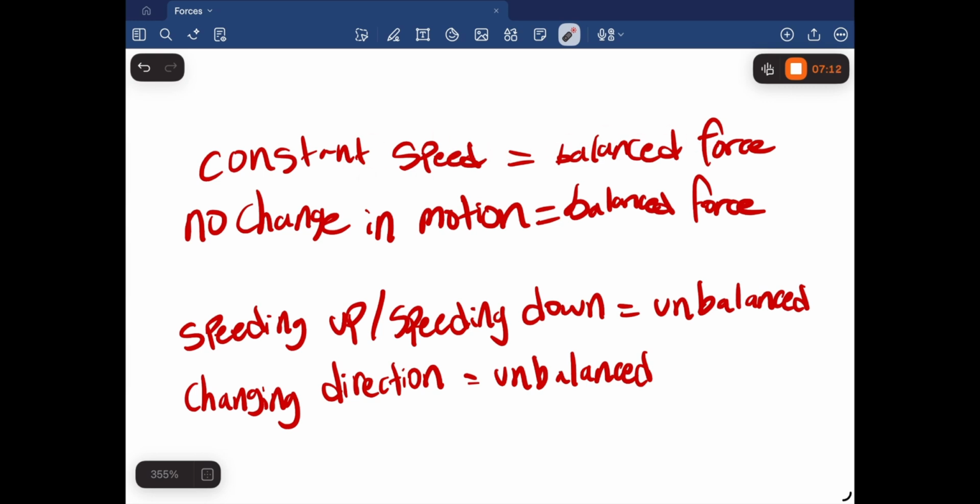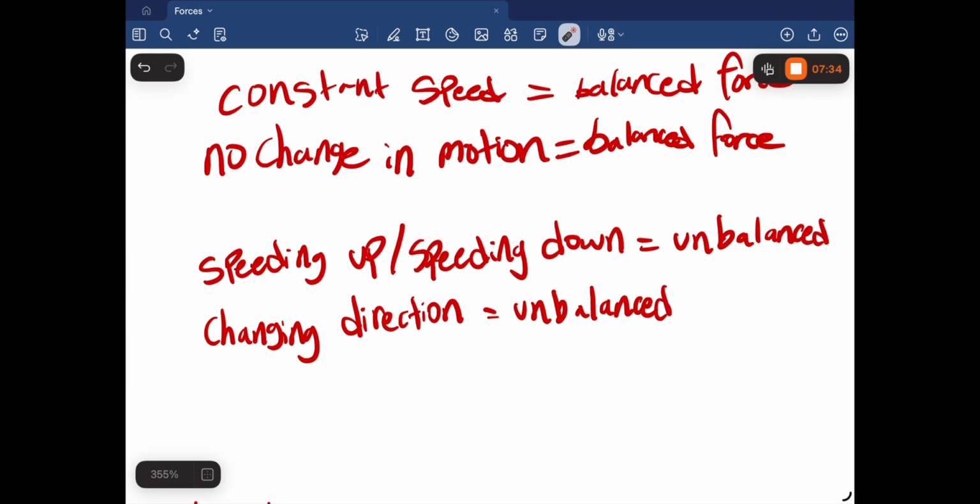That is balanced force, okay? So there's no change in motion. So if it doesn't change in speed, if it's at rest, it stays at rest, that is balanced, okay? So think of it, if it's staying the same, it doesn't matter if it's moving, it doesn't matter if it's not moving. If it's staying the same, it is balanced.